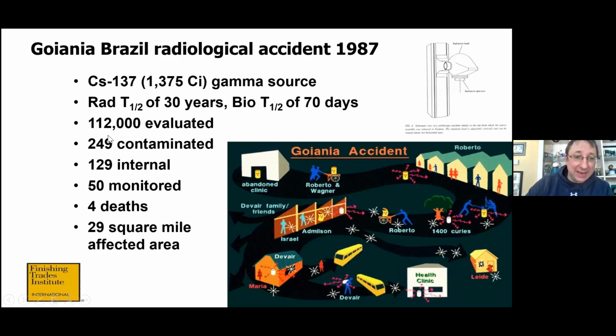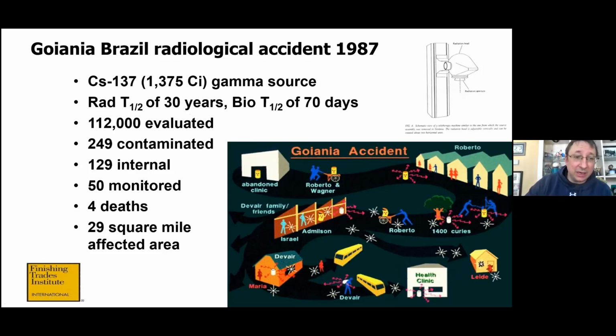And what ended up happening was they had to call in, I think it was the International Radiological Protection Group, and also the authorities in Brazil that are responsible for radiation protection. They did have to call in international help to do this.